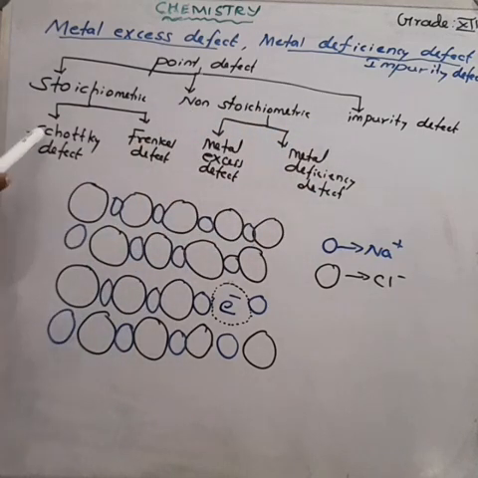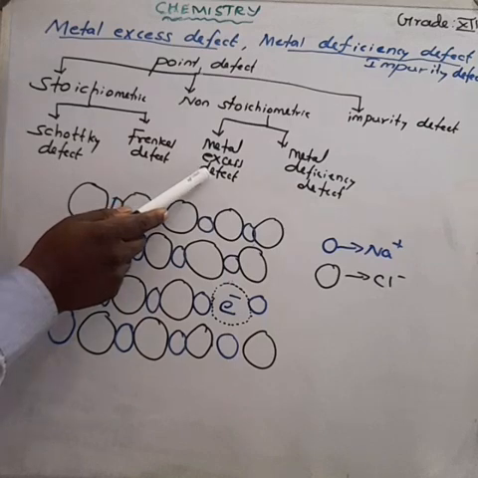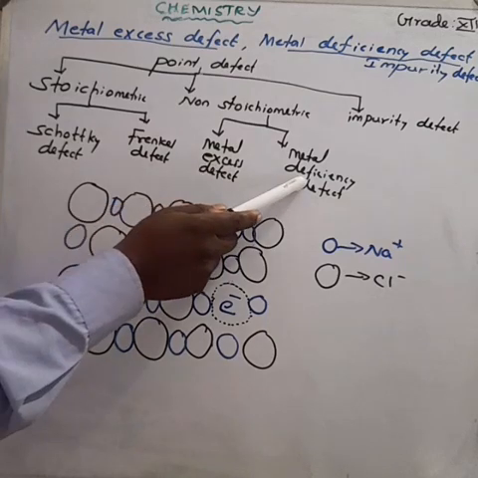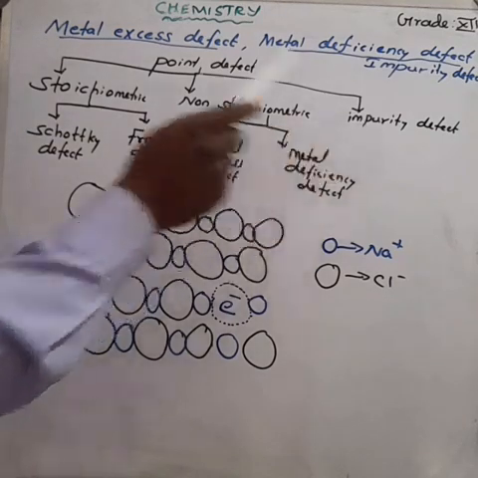The stoichiometric defect is classified into two types: Schottky defect and Frenkel defect. The non-stoichiometric defect can be classified into two types: metal excess defect and metal deficiency defect.